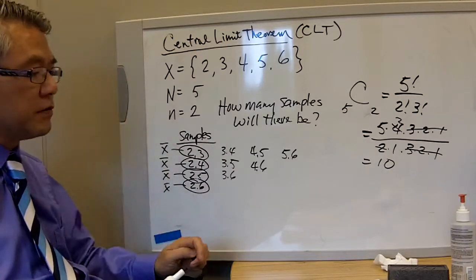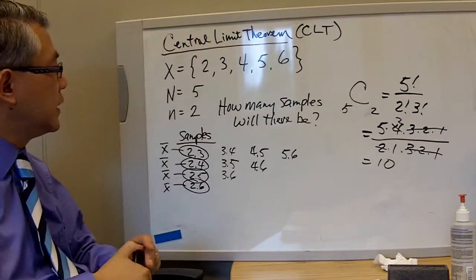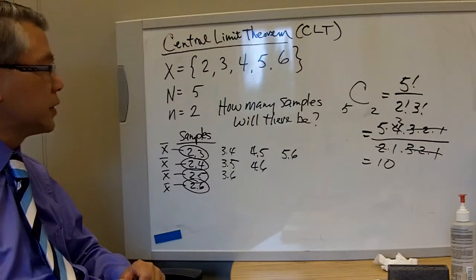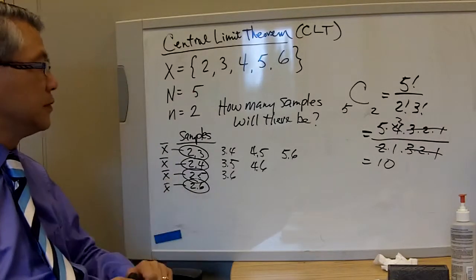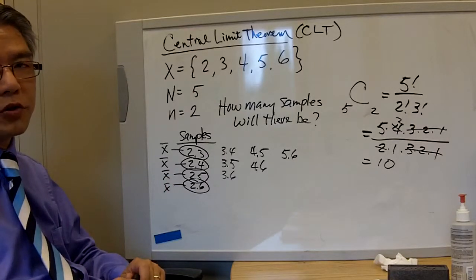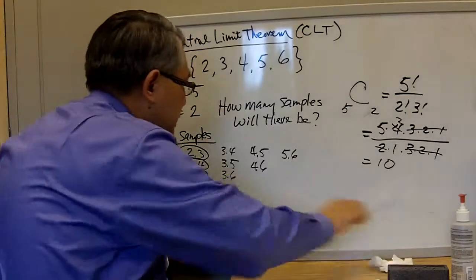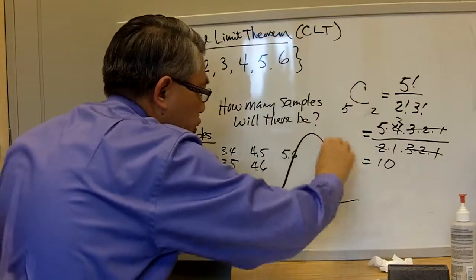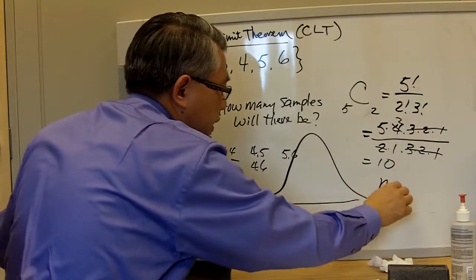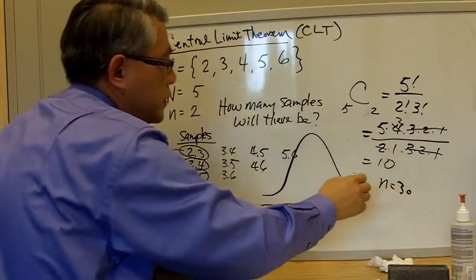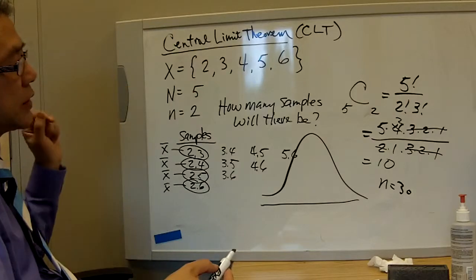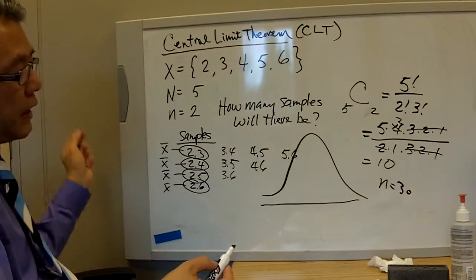The central limit theorem is basically saying that if the sample size is large enough, then the sampling distribution of the sample mean would also be normally distributed. When n is equal to 30 or more, it would be considered large enough, out of a population size that is much bigger than 5, of course.